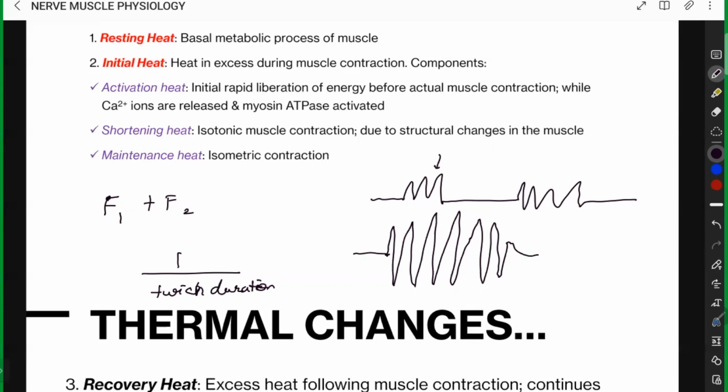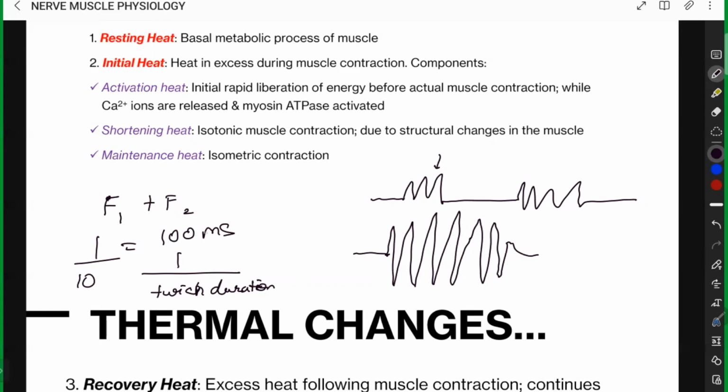For example, if the twitch duration is 10 milliseconds, the frequency is 1 by 10 milliseconds. Okay, 1 by 10 is 100 milliseconds. So a frequency less than 100 milliseconds causes discrete response interruption, and frequencies greater than 100 milliseconds may cause tetanic contraction.